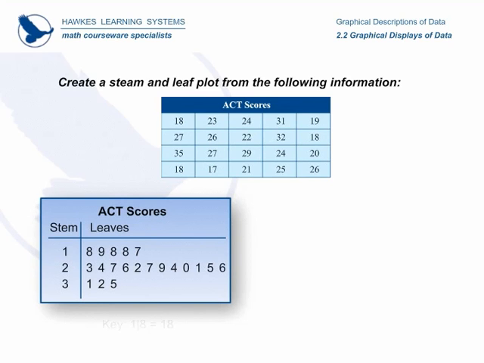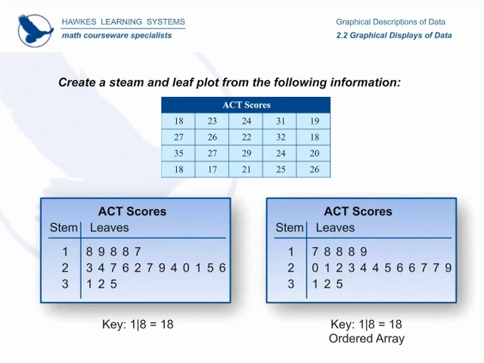If we visually take a look at this plot, we note that we have created a key such that the 18 would be divided into 1 as the stem and the 8 as the leaf.